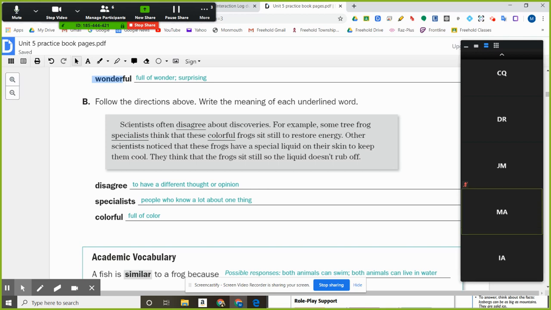Isaac, do you want to do specialists? So the base word is what? Isaac, in the word specialist, what is the base word? Yes, special.